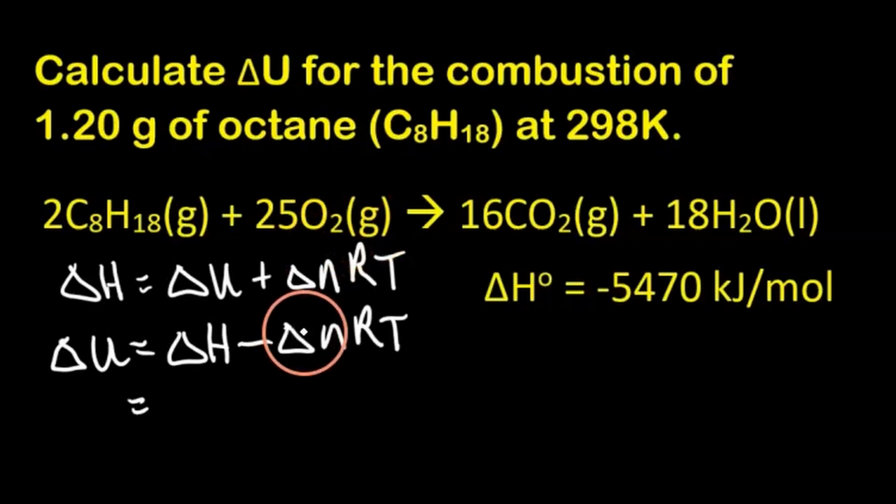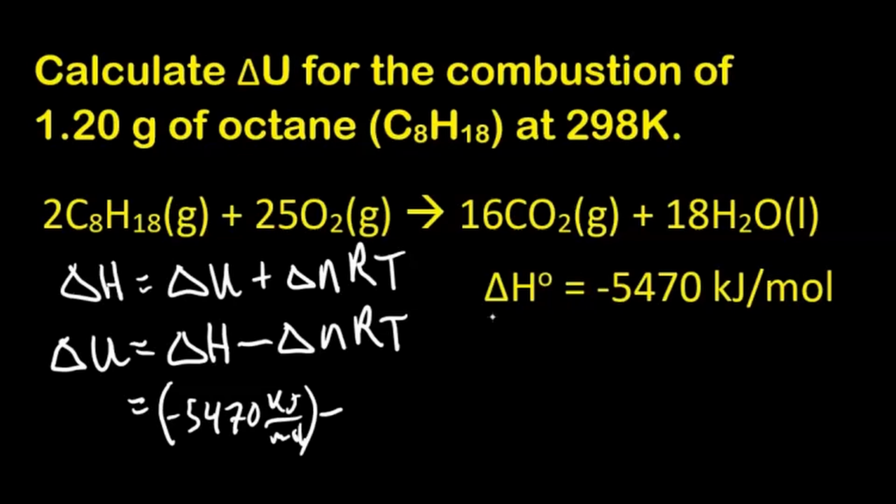Now, we'll plug in what the change in enthalpy is, negative 5,470 kilojoules per mole, minus the products, minus the reactants of only the gaseous compounds, because the gases are what creates the pressure or reduces the pressure.